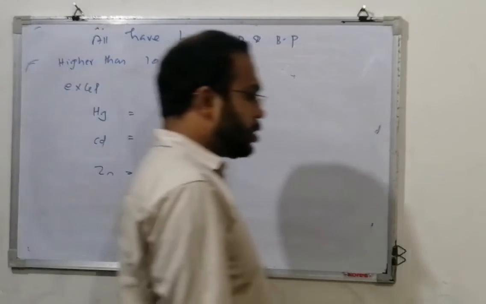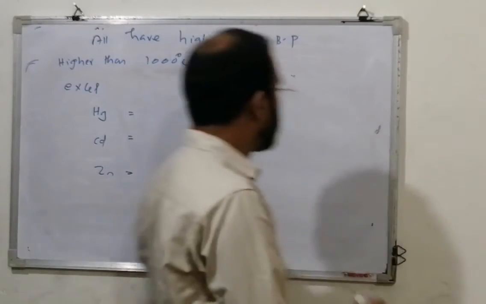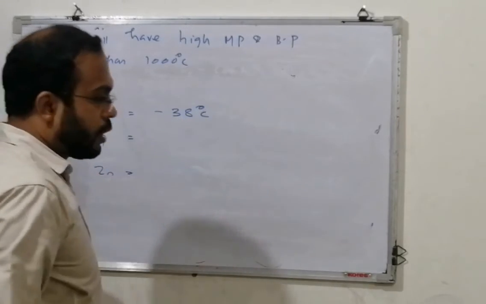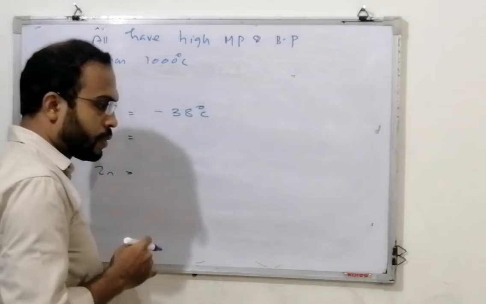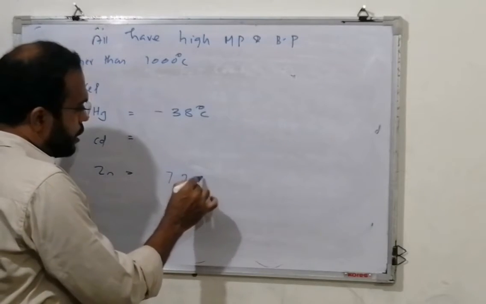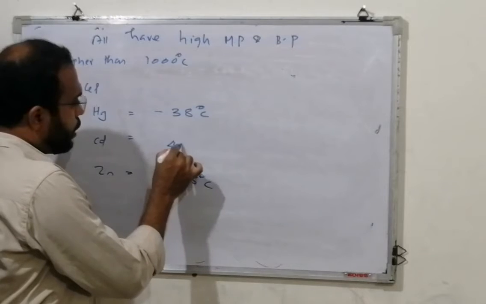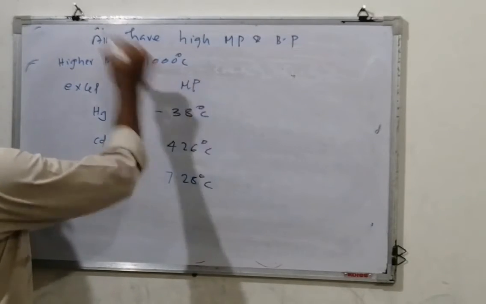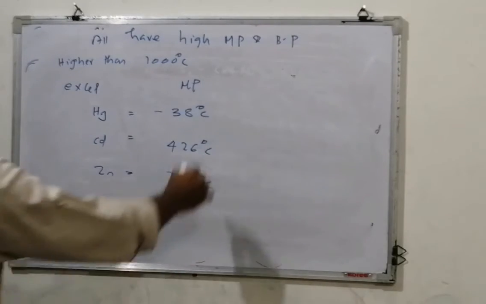Mercury's melting point is minus 38 degrees centigrade. Cadmium is 321 degrees; zinc is 426 degrees centigrade melting point.